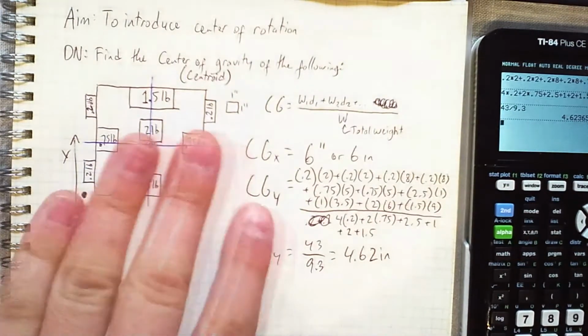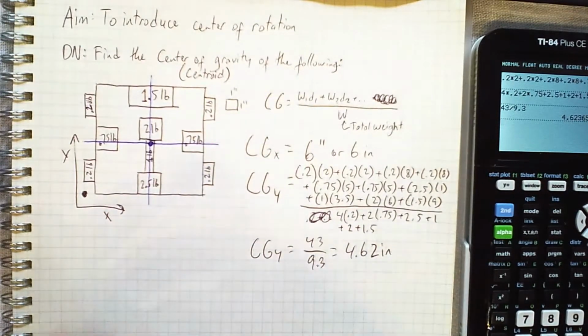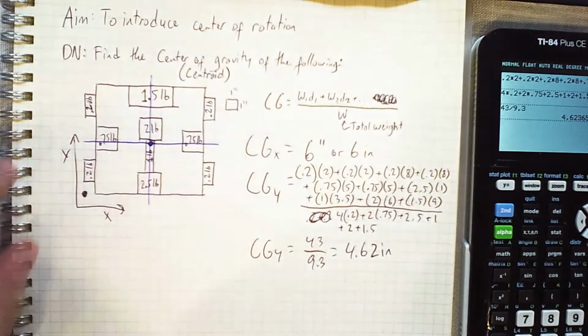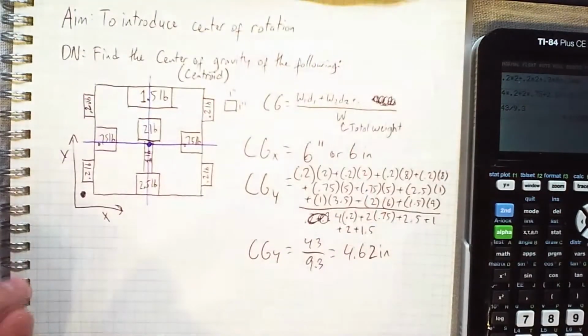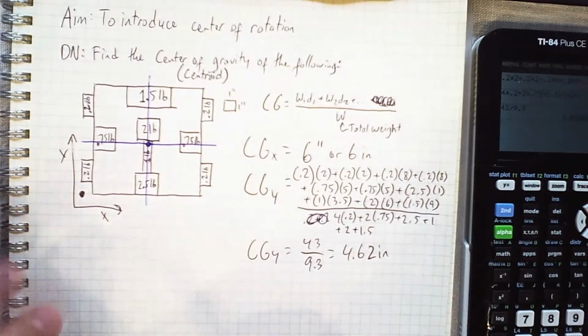What that means is when you have a tank drive, it rotates about a point. And this point is known as their center of rotation. So for your clawbots, when they turned in place, they were turning about their center of rotation. If you have 4 wheels that are all the same, and you have a tank drive, your center of rotation is going to be the same as your center of gravity.